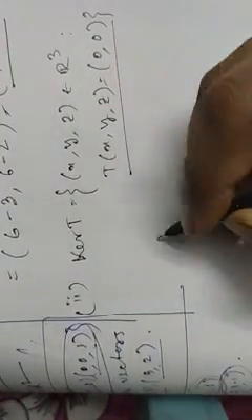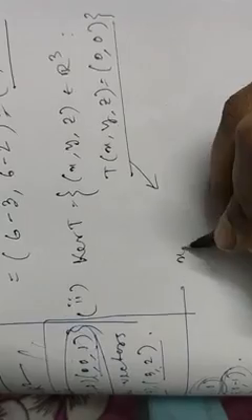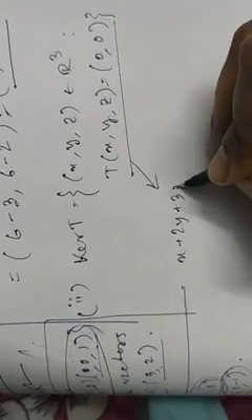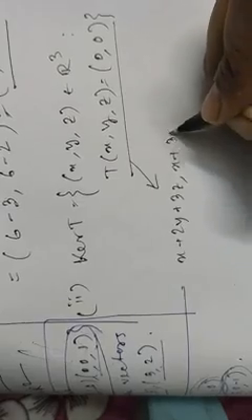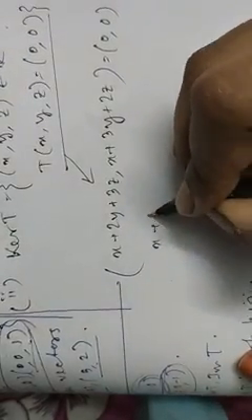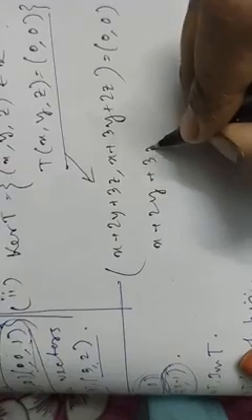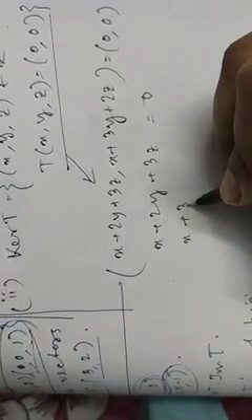So what does it mean? It means (x plus 2y plus 3z, x plus 3y plus 2z) equals (0, 0). That means x plus 2y plus 3z equals 0 and x plus 3y plus 2z equals 0.